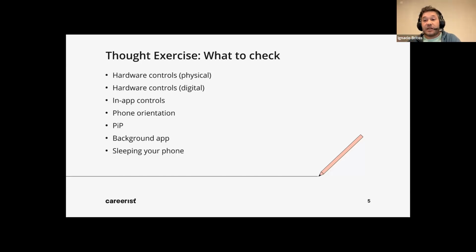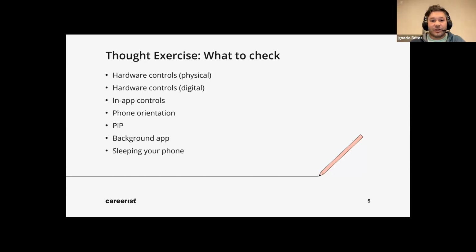So checking if that transition works, if it stops reproducing in the mobile device and switches to external speakers, which could be headphones, like the AirPods, for example, or any Bluetooth device. So all of those things are hardware things that need to be tested as well.